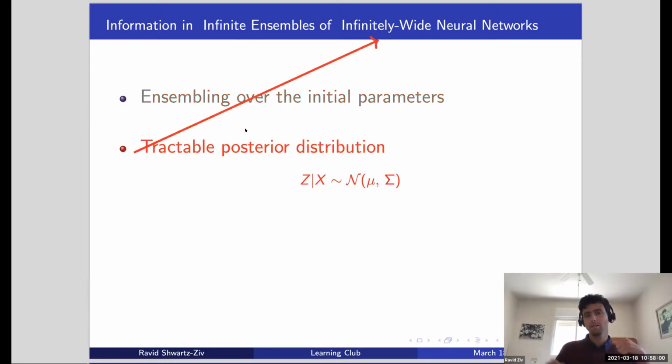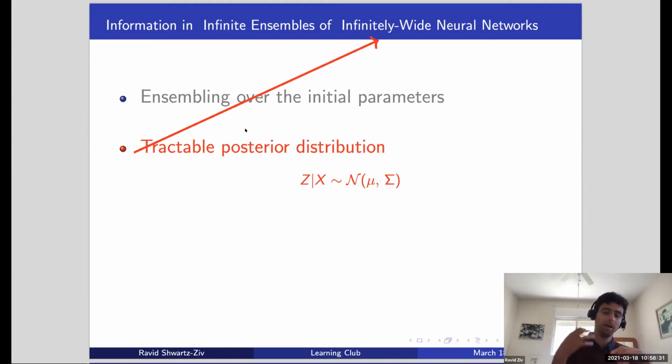The second thing is infinitely wide neural networks. So we use the recent results from the Neural Tangent Kernels that say that if you have infinitely wide neural networks, you have a tractable posterior distribution. Okay, it means that if Z is your output, it's a Gaussian. It's tractable.